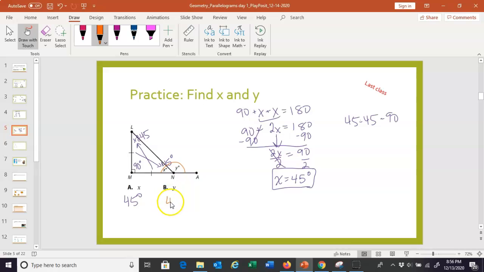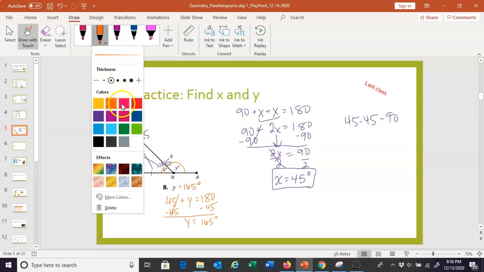They add up to 180. So we could do 45 plus y equals 180 and solve for y. And that is 165. So y is 165 degrees.